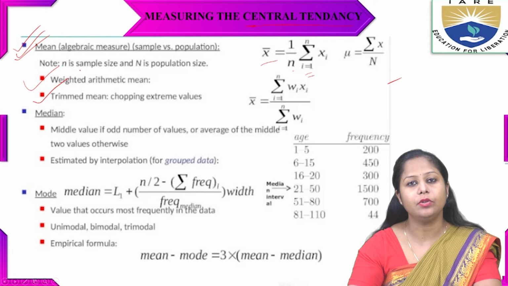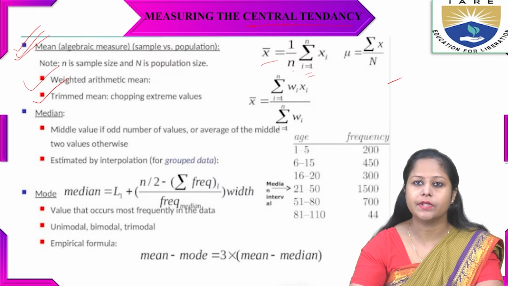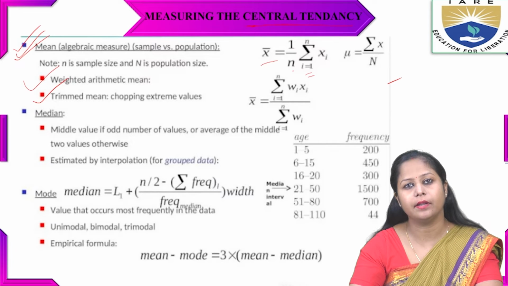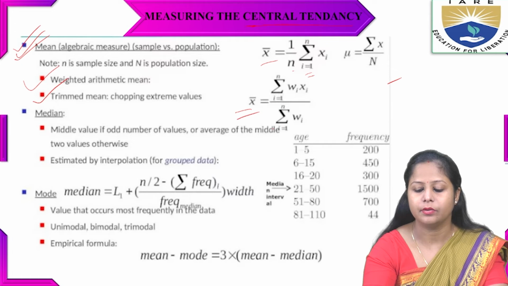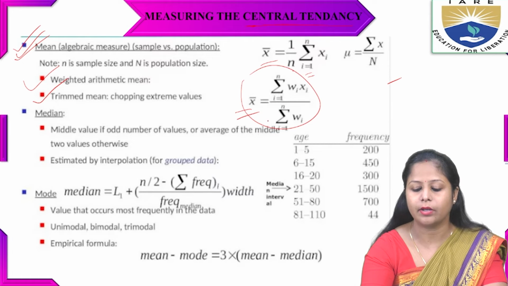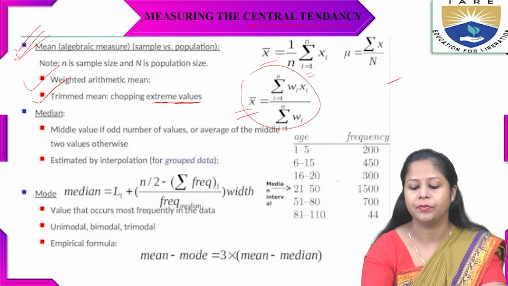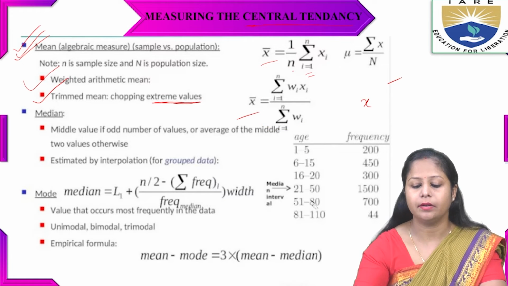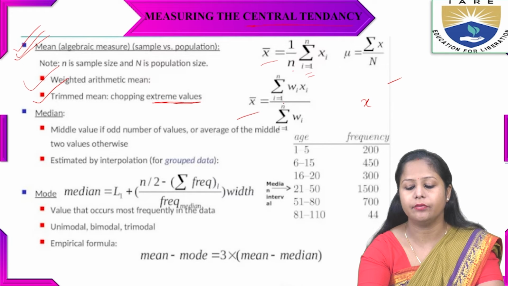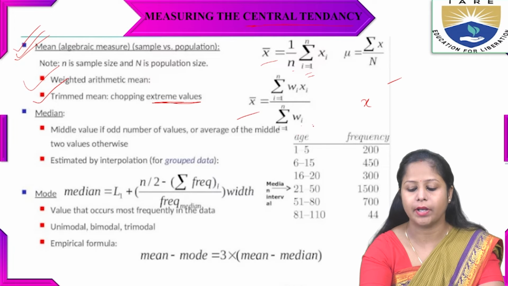In that we chop the extreme values. If we have some extreme values, we chop them, and then calculate the mean. The formula for the weighted mean is x bar equals sigma i equals 1 to n of wi xi upon sigma i equals 1 to n of wi.